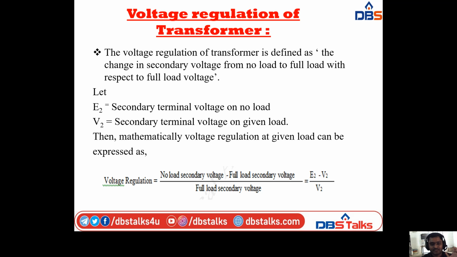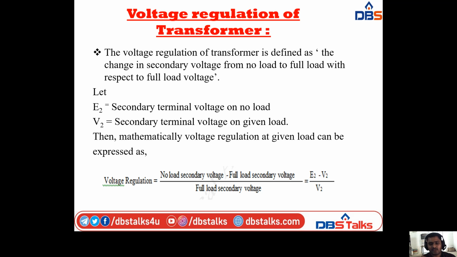Mathematically, voltage regulation at given load can be expressed as: no load secondary voltage minus full load secondary voltage, divided by full load secondary voltage. The no load secondary voltage is E2 and the full load secondary voltage is V2. So we write this equation as E2 minus V2 by V2.